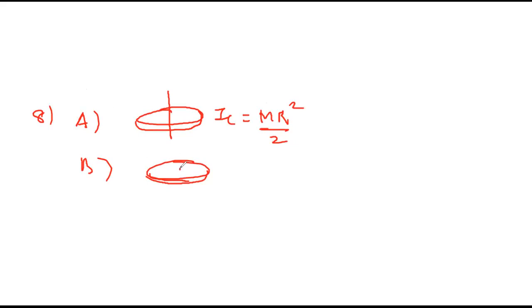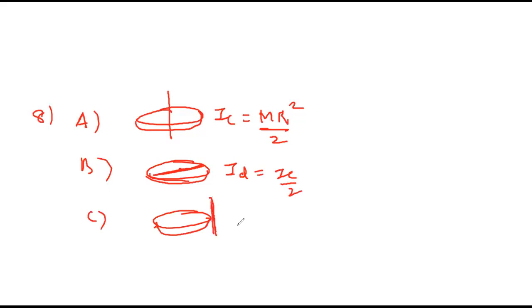Center and parallel to the surface is this. Is it a diameter? I diameter is IC by 2. So right now between A and B, this is minimum. Let us see the third one. About an axis tangential and perpendicular to the surface.